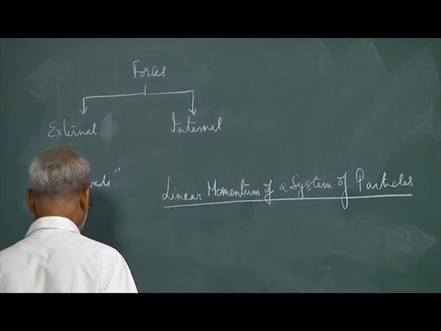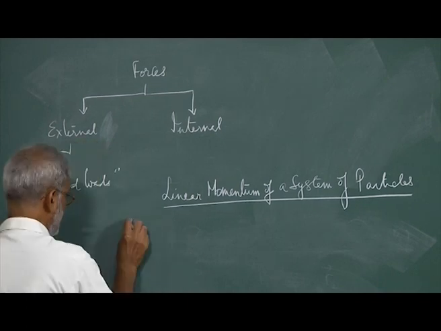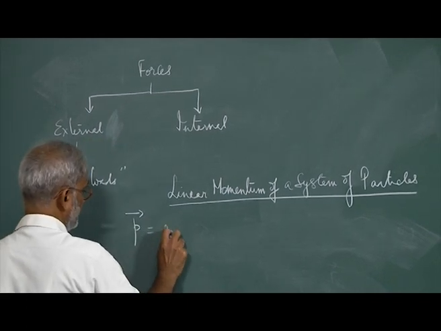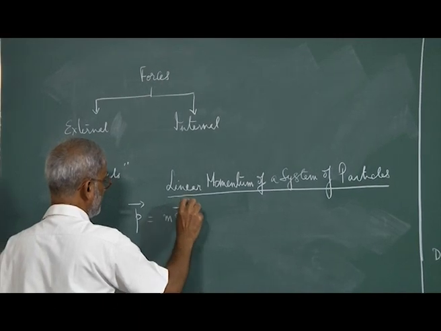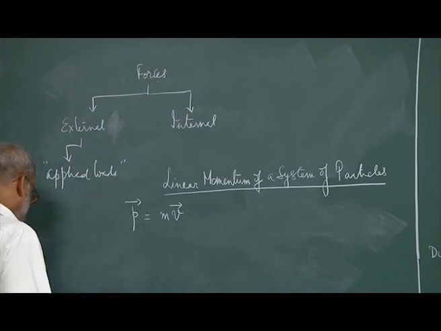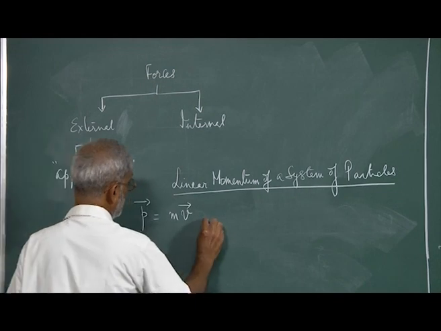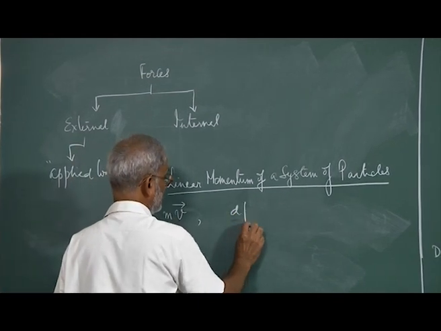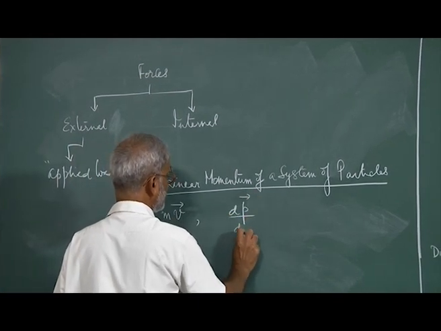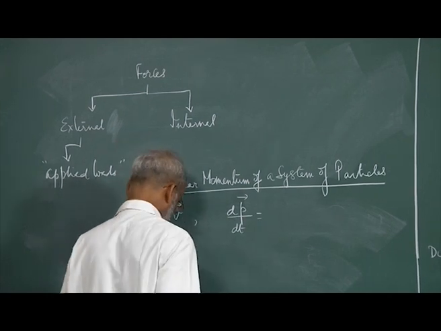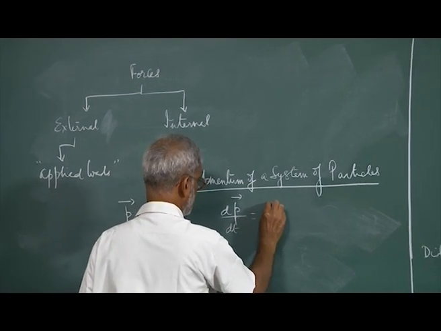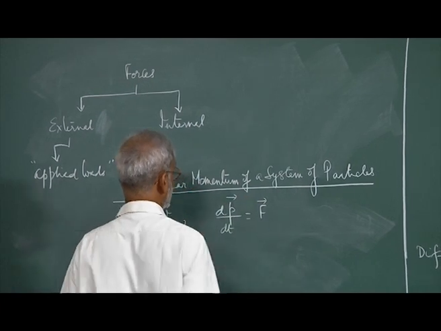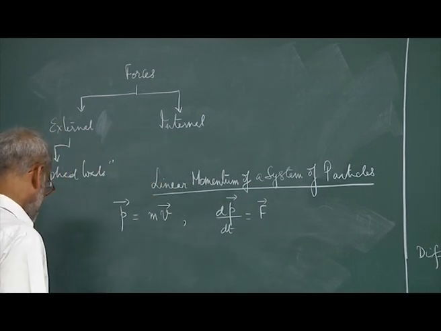Right, so we know the basic definition of a momentum. If a particle is moving with a velocity v, then its momentum is given by m times v, and Newton's second law is stated in this very familiar form. The rate of change of momentum is what we call force, or the other way you want to write, force is defined as the rate of change of momentum.